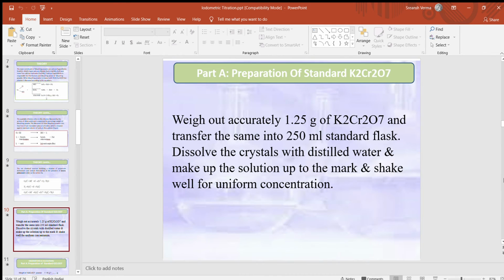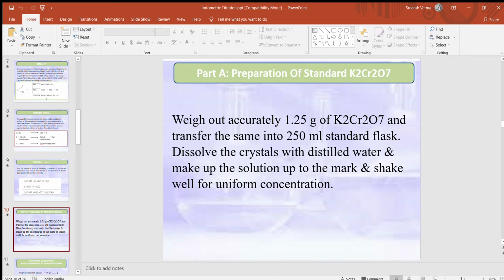Now, let us start with the first part, that is preparation of a standard potassium dichromate solution. The weighed amount of potassium dichromate will be given to you. Transfer the same weighed amount into a 250 ml standard flask. Dissolve the crystals with distilled water and make the solution up to the 250 ml mark.